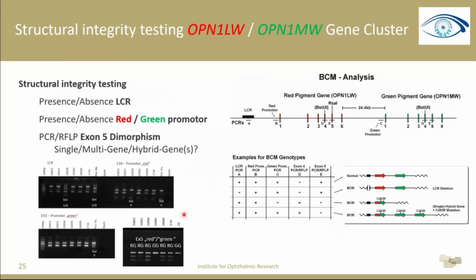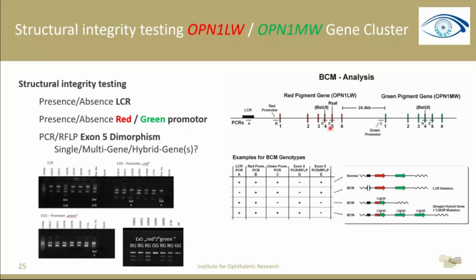We first check for the structural integrity of the opsin cluster. We have specific PCRs in comparison to another fragment. So this is a duplex PCR approach where we test for the presence of the locus control region. Then we have a specific PCR where we test for the presence and integrity of the red promoter and the green promoter.